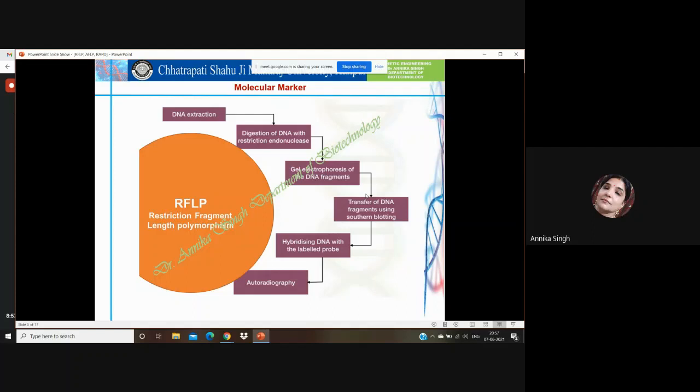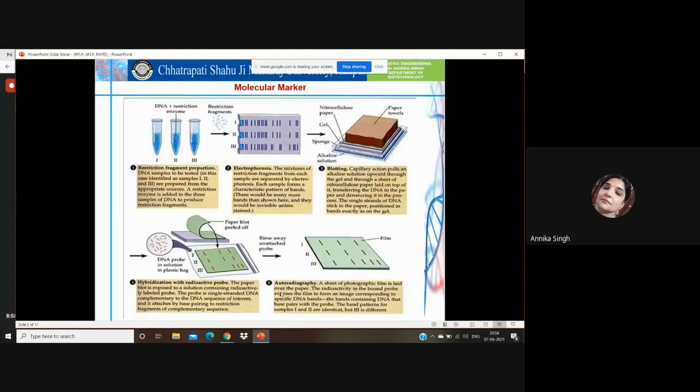That is followed by immobilization of DNA, then pre-hybridization and hybridization of DNA with the labeled specialized probe. These DNA fragments hybridized with the labeled DNA probe are then visualized through autoradiography.